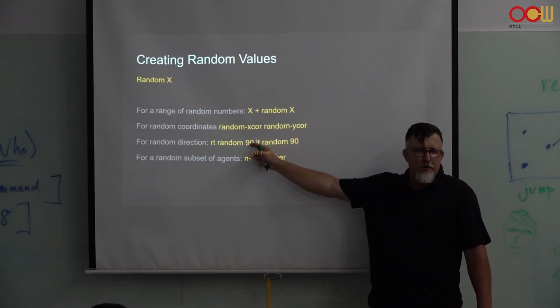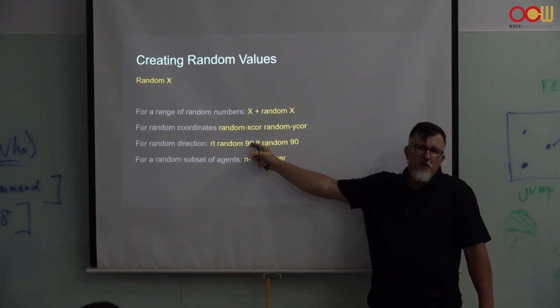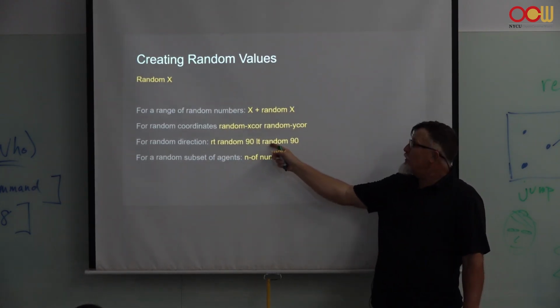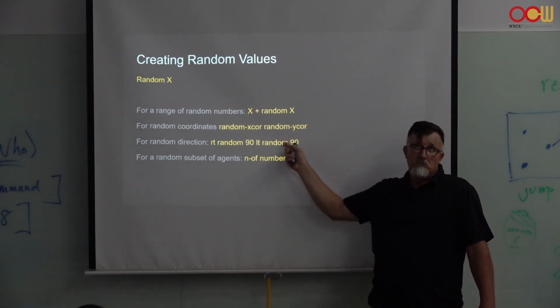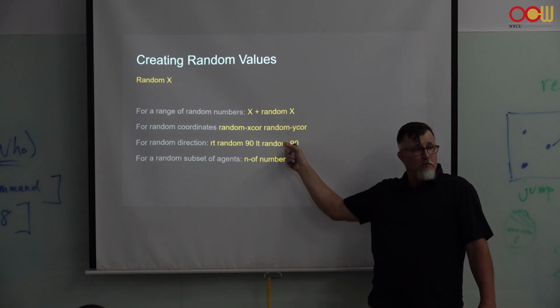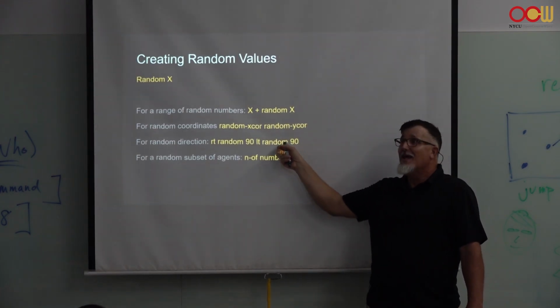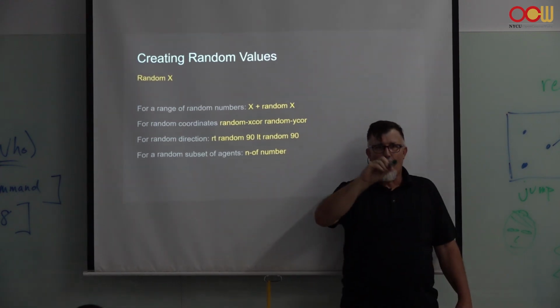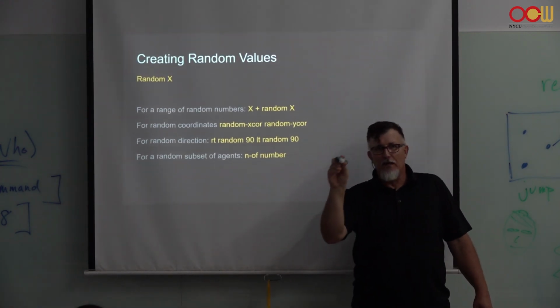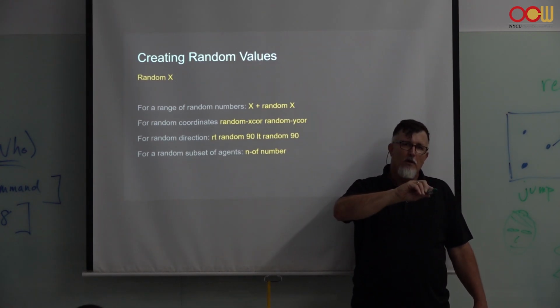So what would be a random number up to 90? 47. Then turn left some random number, which would be what? 94. No, I only got 90. 84, right? So it turns right 37, and then left 94.